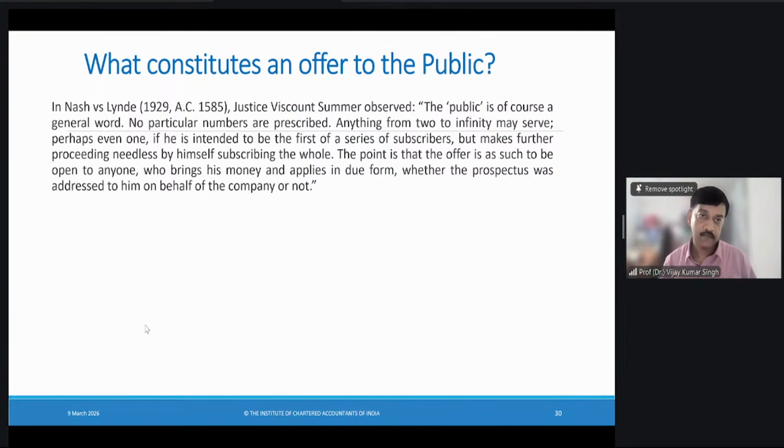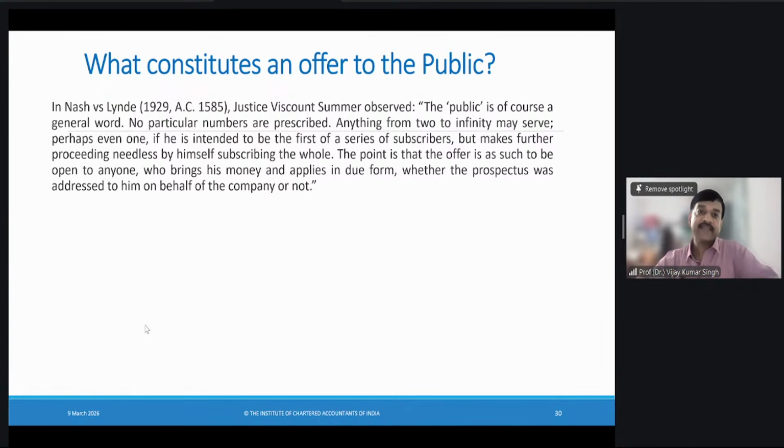I have my take here, and I would say that till the point it does not reach beyond 200 people, it will not be an offer to public. But once it goes beyond 200 people, then probably that will be referred to as an offer to public.